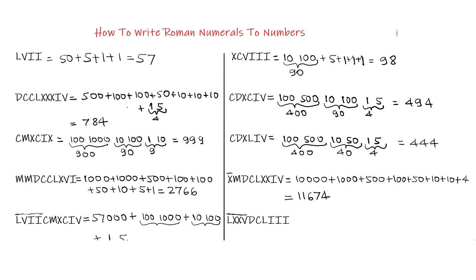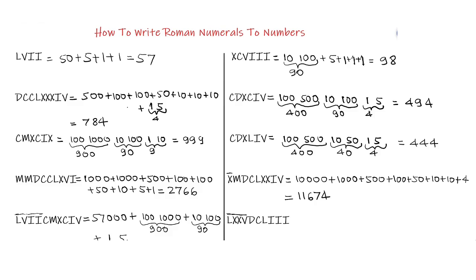So what we observe is that after 57,000 LVII, C is prior to M, which is a lower value symbol prior to a higher value symbol. So the value of C is to be subtracted from the value of M. So this comes out to be 1000 minus 100 is 900. Again XC is the value of 10 to be subtracted from the value of 100, that is 90.